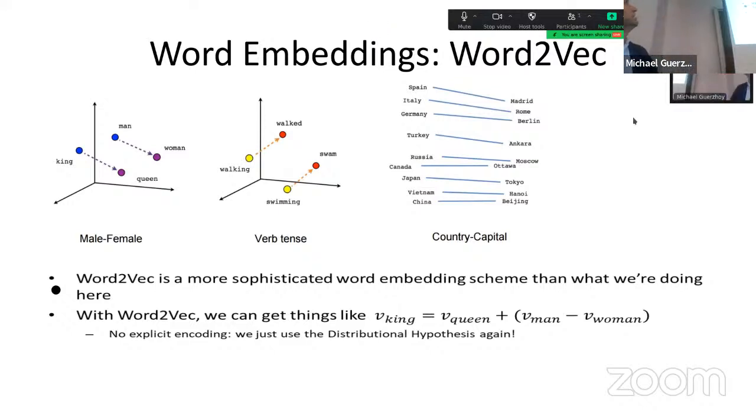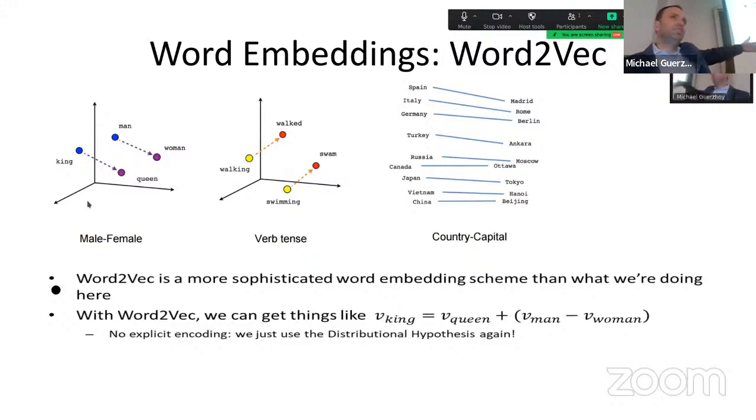And this does not work, to be clear, with the embeddings that you're computing. This is fancier than that. But people have started noticing with this more fancy way of computing embeddings, which is kind of what I did but not quite, you get all sorts of things that you did not encode into it, but it just falls out of trying to come up with really good embeddings. So with word2vec, what people noticed is that in this, this is just a picture, it's not really 3D.